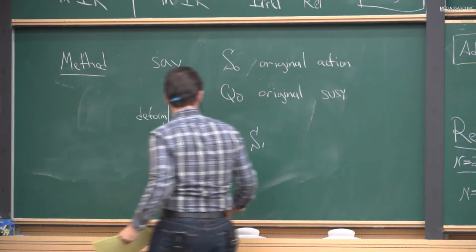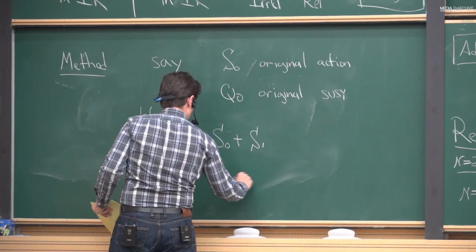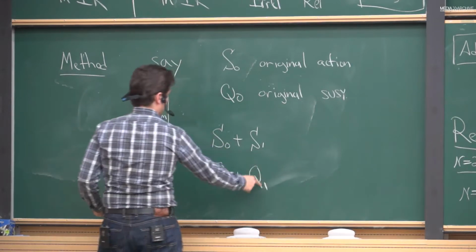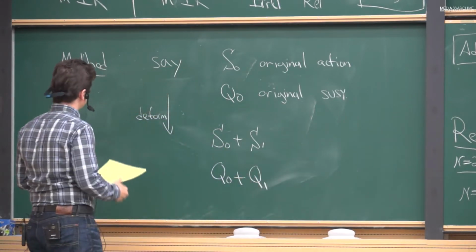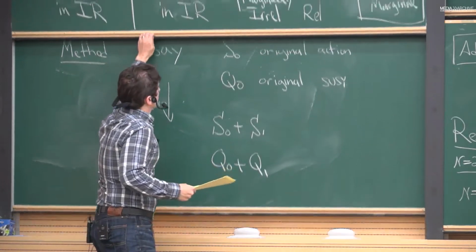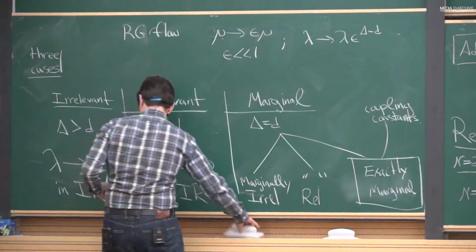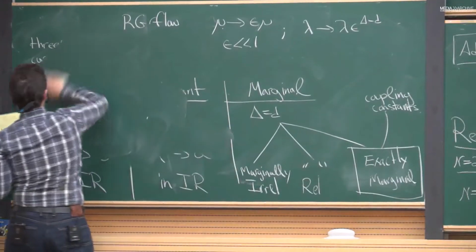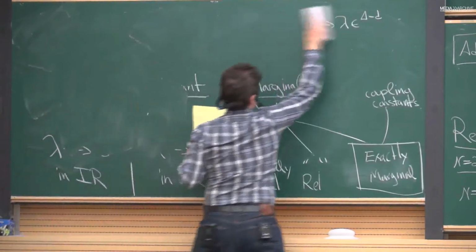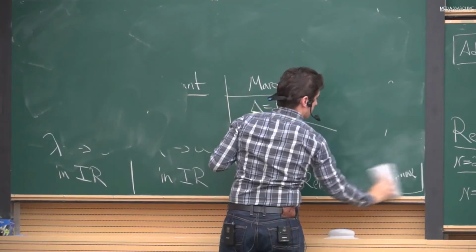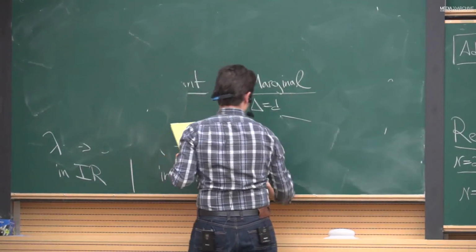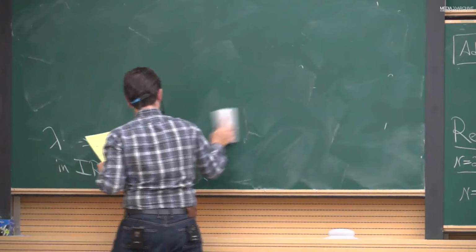And also the supersymmetry would change. So these guys here you should think of as first order in the deformation parameter. Now, what does it mean for the deformation to preserve supersymmetry? It means that the total new supercharge annihilates the total new action.